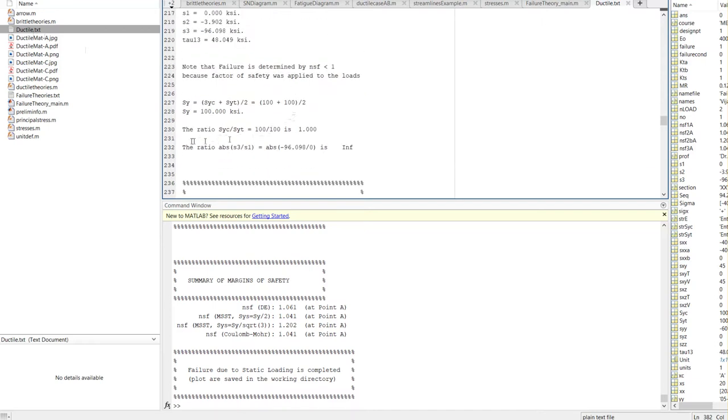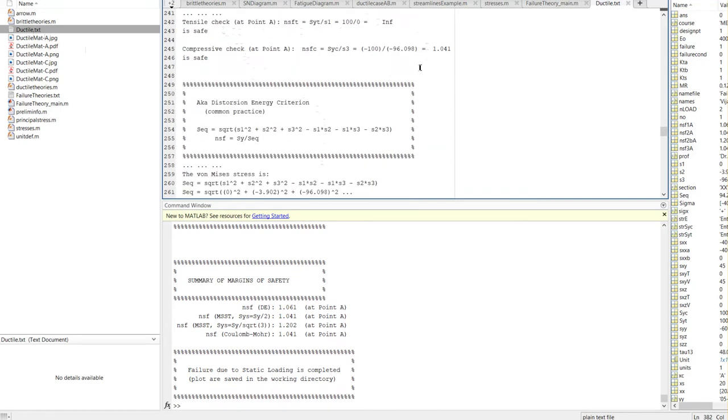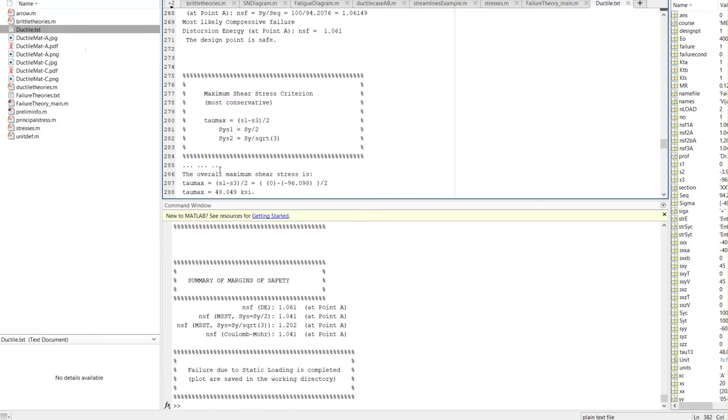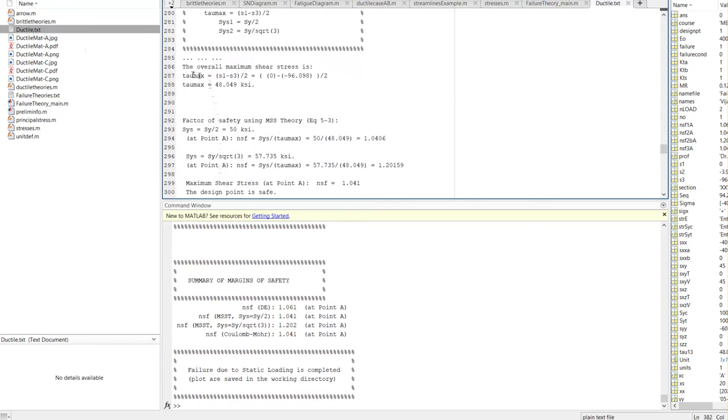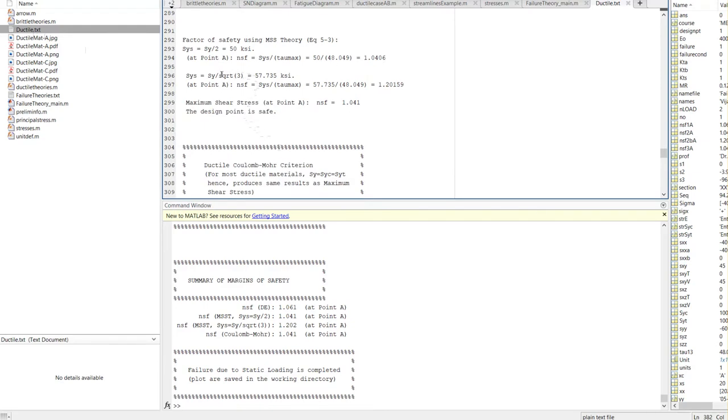Then it gives you all the checks that you're looking for, your compressive checks and tensile compressive checks. It tells you what your von Mises stress is, your distortion energy theory, and calculates your tau maximum, which is equal to 48. You divide your sigma yield in shear by 48, then you get 1.04. And you can do the same thing if you divide it by 3 and you get 1.2.